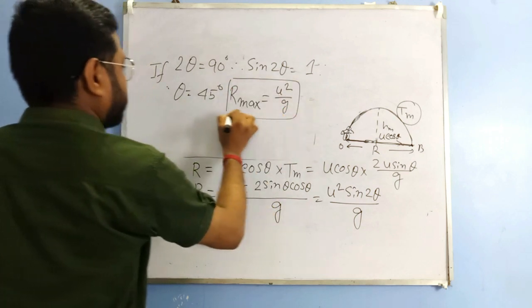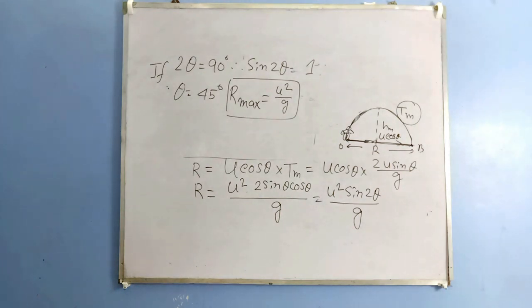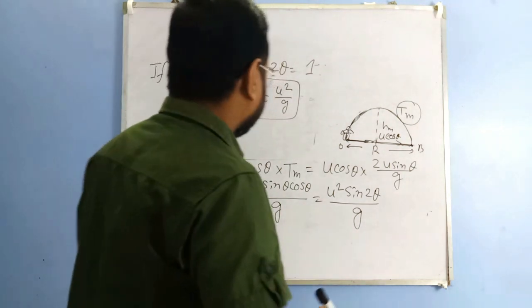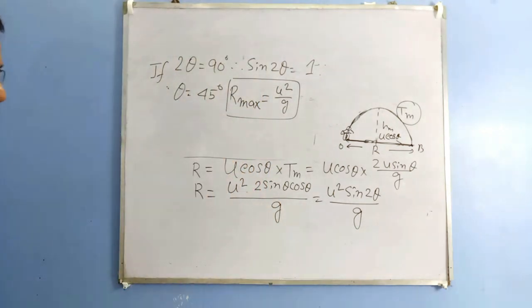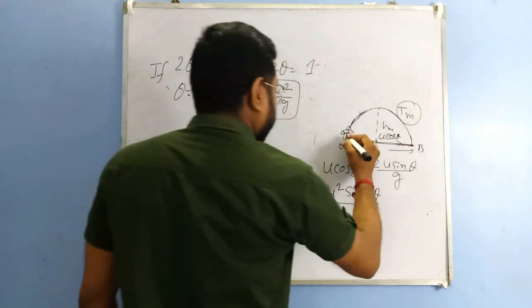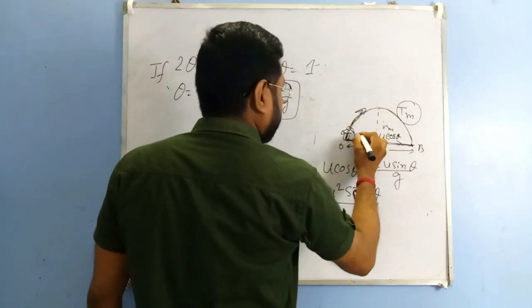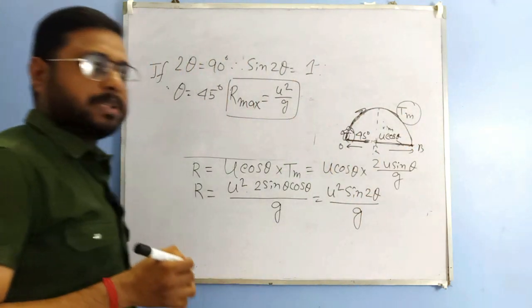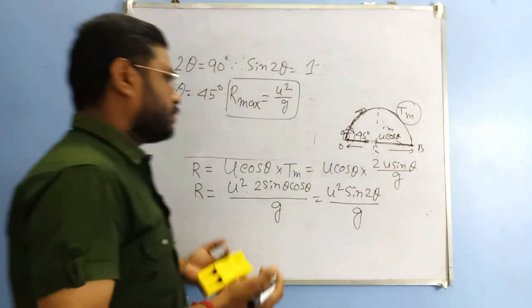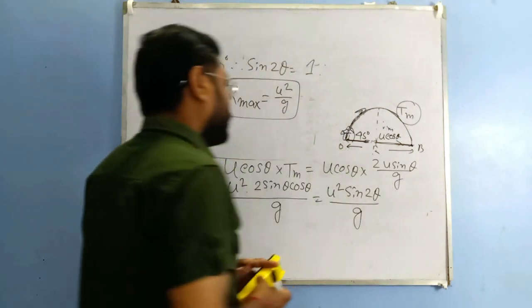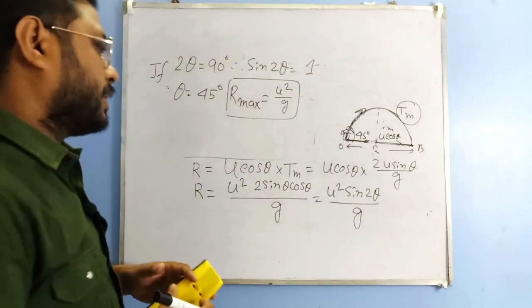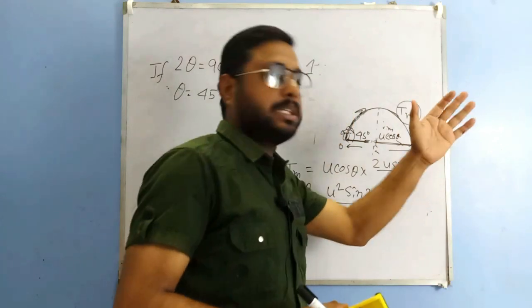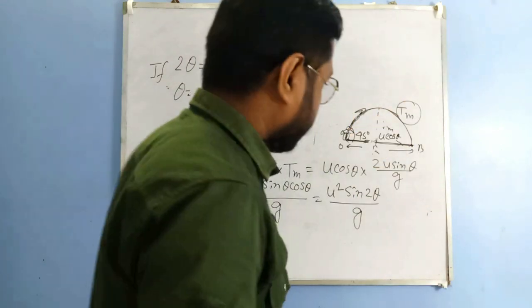Sometimes we have to say in the question that maximum range, then we can put this formula u square by g. So if a batsman hits a ball at 45 degree with the horizontal, then it will cover maximum distance, or any javelin thrower athlete, or any stone we can throw at an angle 45 degree with horizontal, it will go the maximum distance.